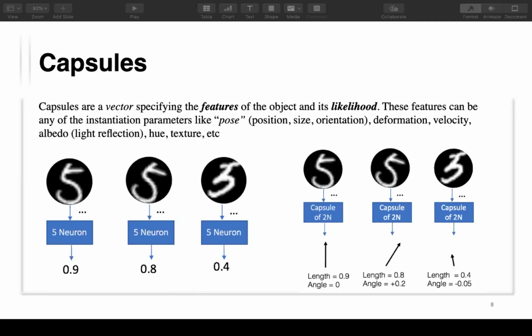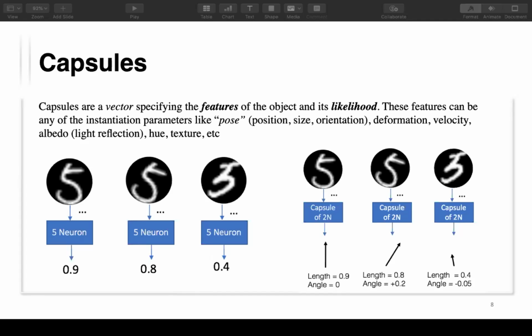Can you use a few words or a sentence to specifically, briefly, and concisely tell us the difference between the capsules and a normal neuron? So the input and output of a normal neuron is a scalar, and the input and output of a capsule is a vector.